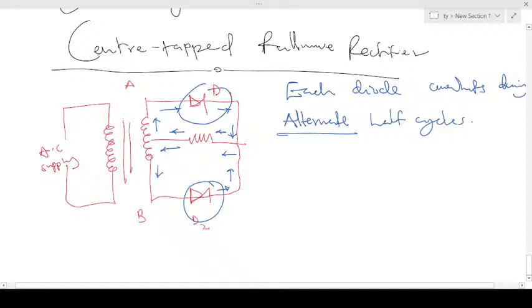Now this helps it to produce output on both halves of the waveform.